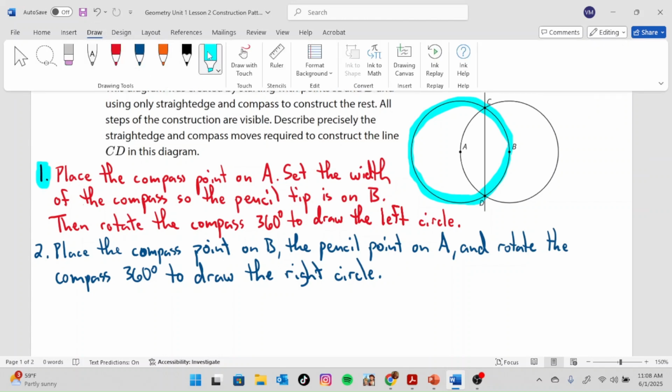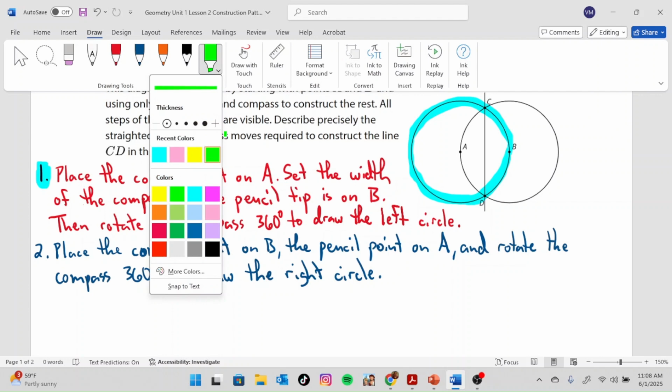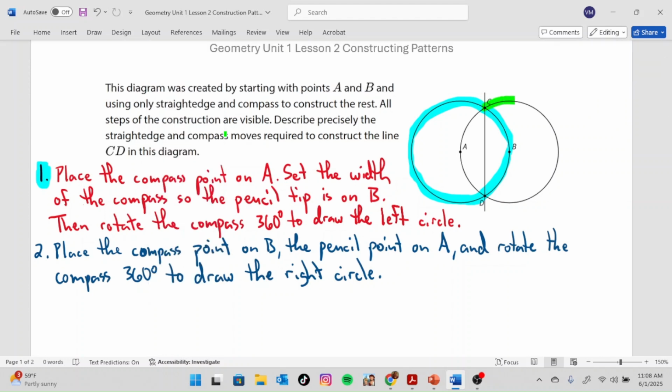And that would give us this shape that I am highlighting in green.